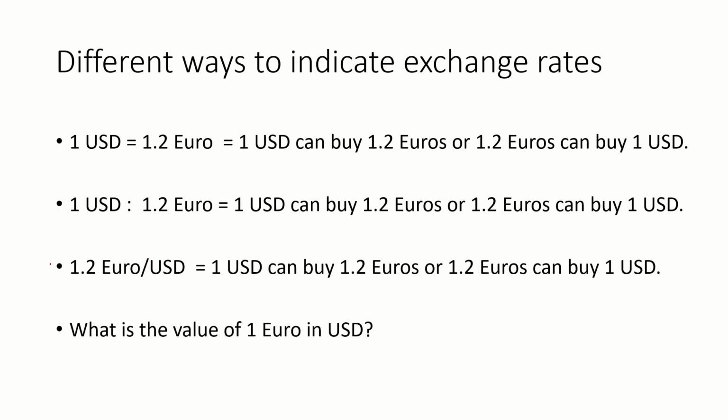Now let's figure out how we can do this. What is the value of 1 euro in US dollars? It is simple. All you have to do is convert the given data to this format, like an equation. After that, you have to divide both sides by this given value, in this case 1.2. Let's divide both sides.